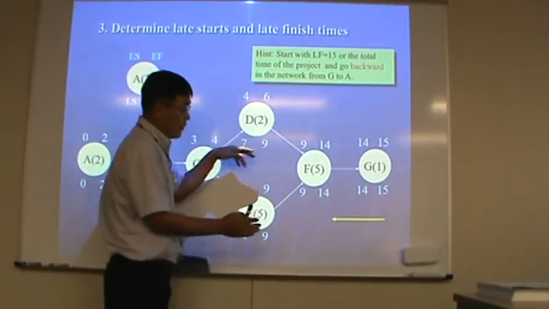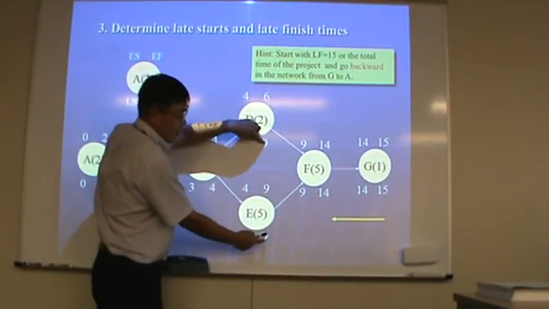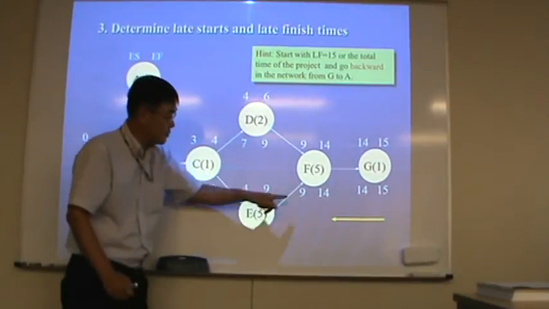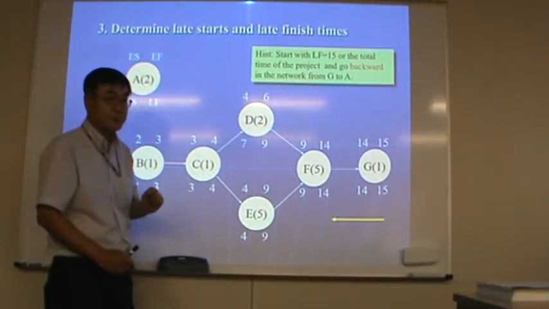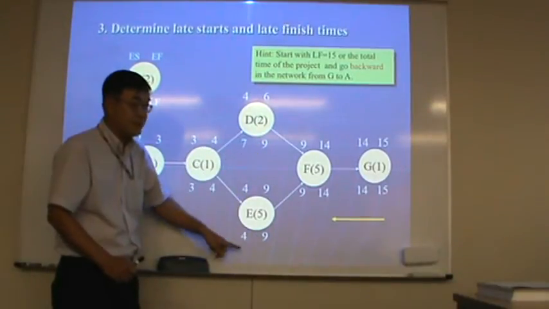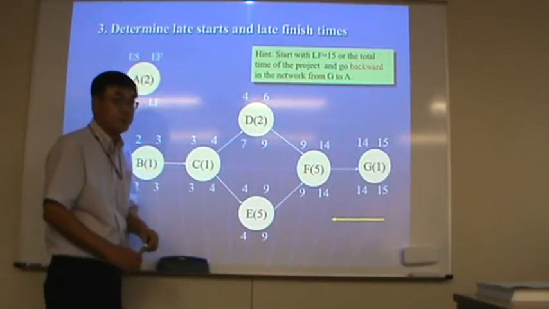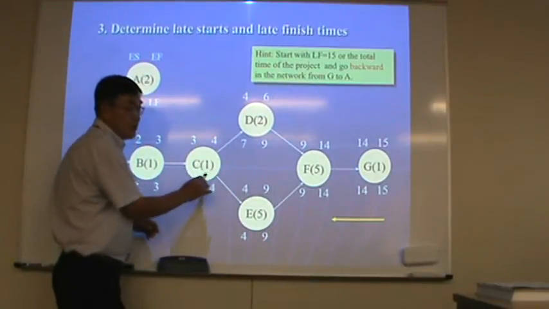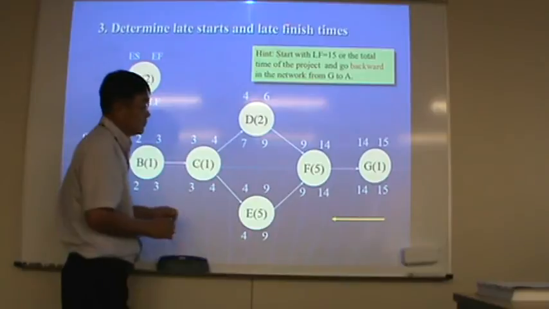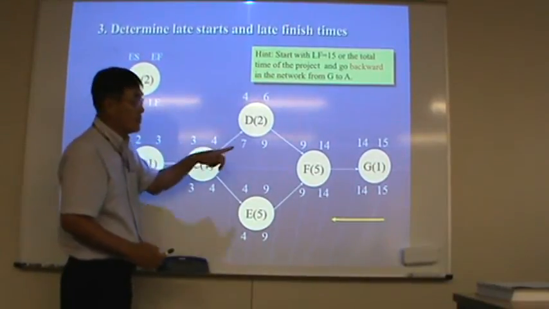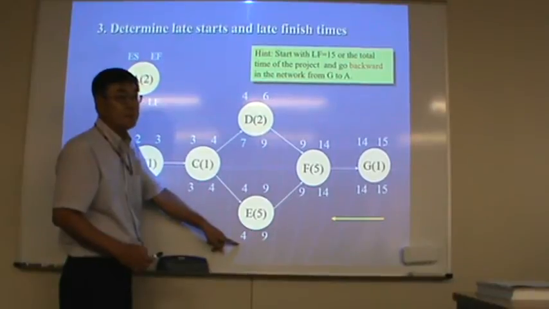Okay, so far, no problem. 9, 9, right? This one goes there, this one goes there. Minus 2, 7, minus 5, 4. And for this one, there are two different late start times, 7 and 4, right? Which one would you take?